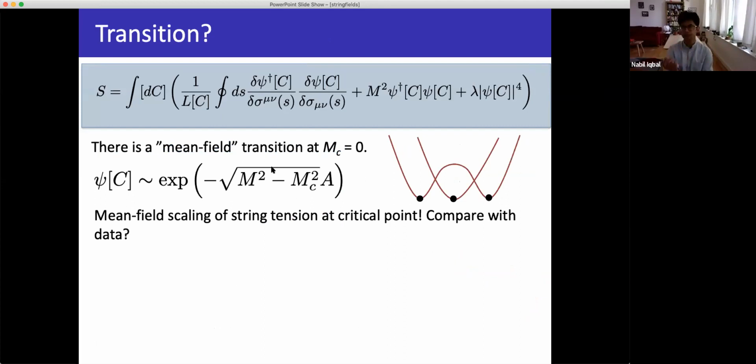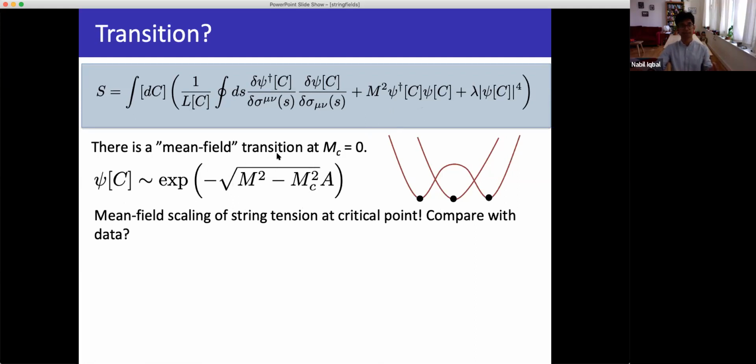And in fact, this equation for the area law can be understood as telling you there's a mean field transition at m equals 0, right? That's where you cross over from the unbroken phase to the spontaneously broken phase. When I say it's mean field, I mean that the string tension will vanish like a square root at that critical point.